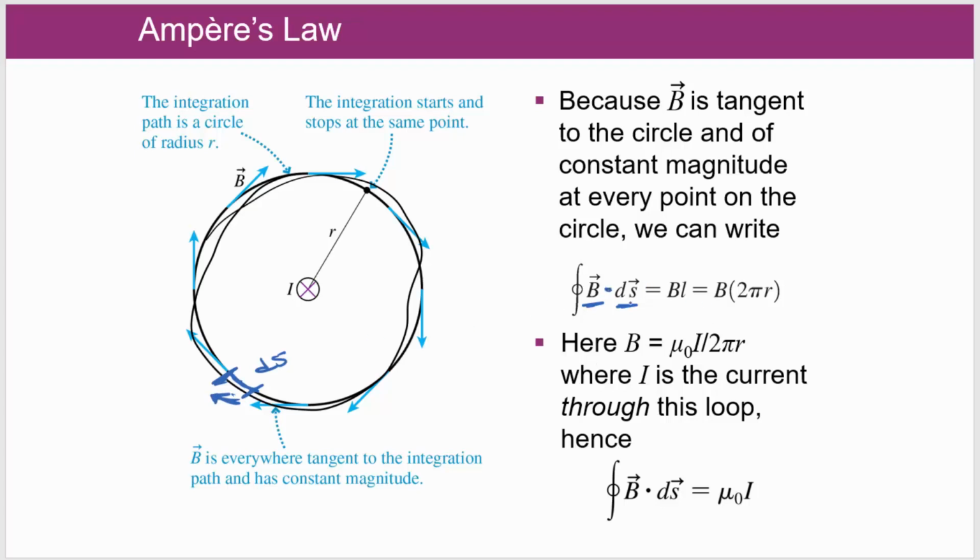Where with the dot product, we're looking for the part of the magnetic field that is parallel to ds. And if we add up all the ds, that's our integral along this closed loop. That is going to be equivalent to the current enclosed by the loop times our permeability mu sub 0.